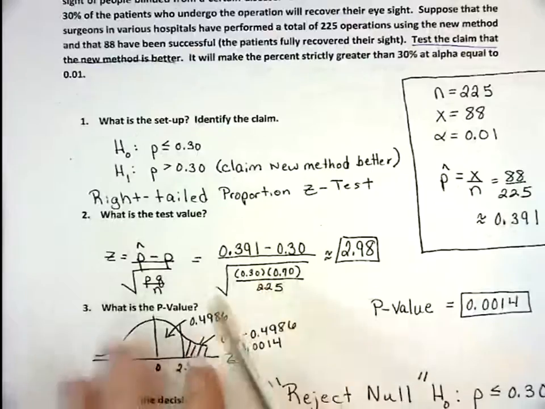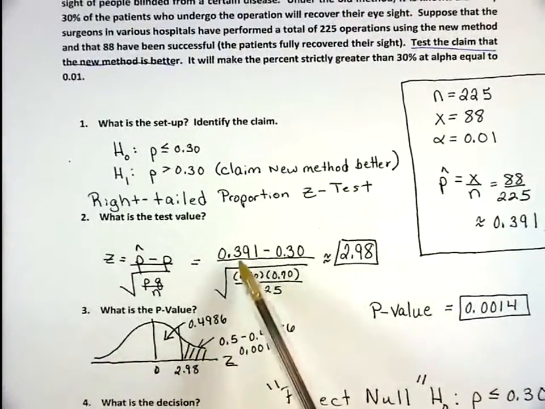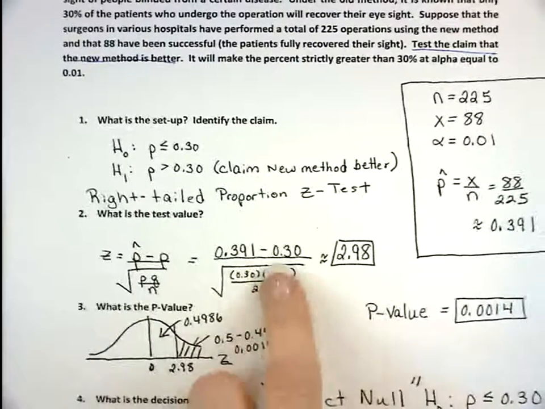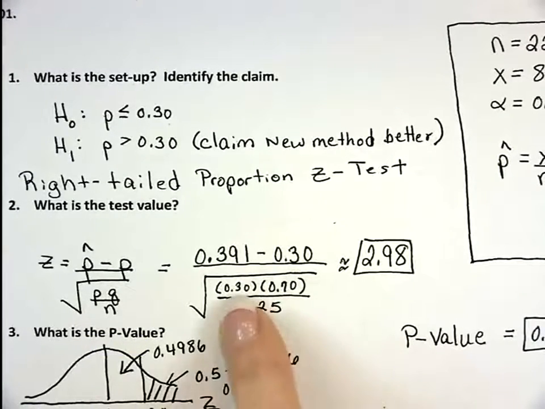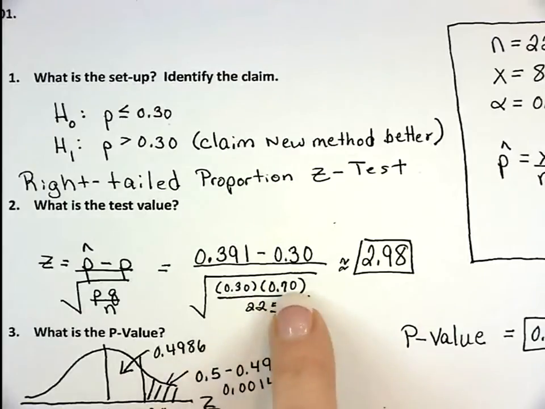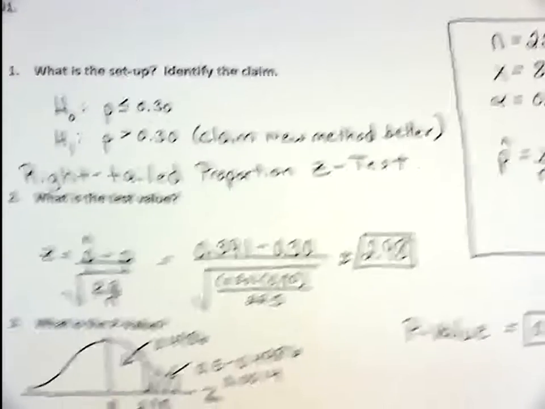The test statistic, obviously this is the p-value method, is your p-hat of 0.391 minus your claim of 30%. And if your claim is 30%, q is 70%. So p times q divided by n, 225 people were operated on using the new method. And you should get 2.98 as your test statistic.